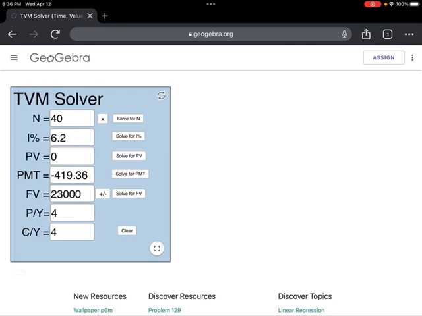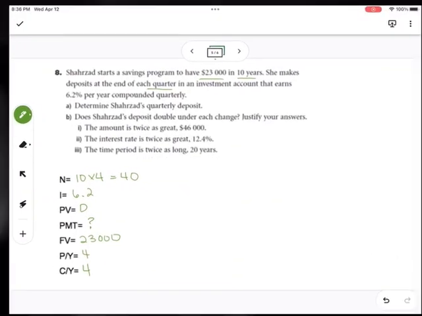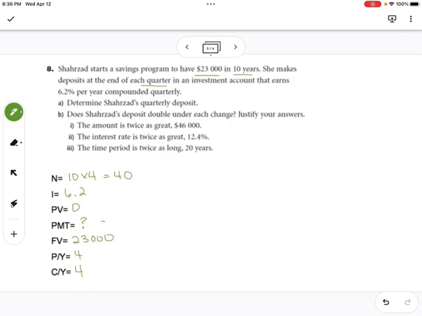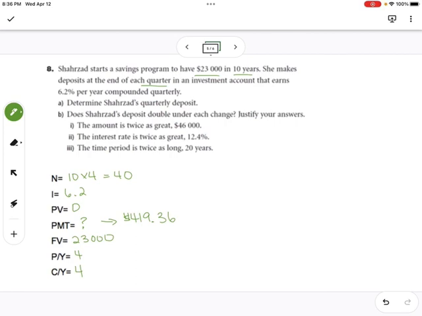And we get $419.36. Okay, so the quarterly deposit that she has is the $419.36.